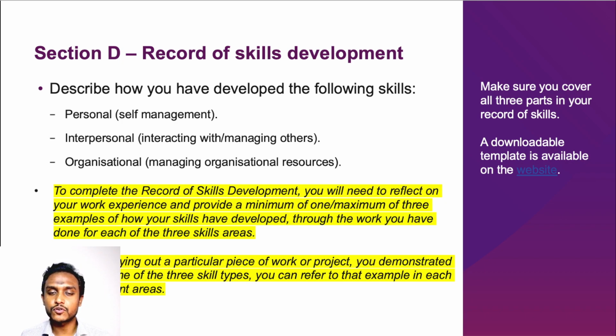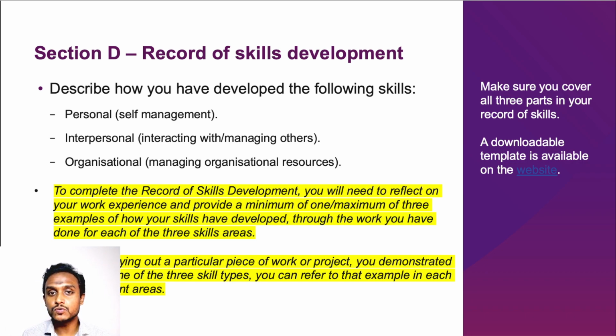It's something that you're writing about yourself, about the experience that you went through and how you were able to accumulate these categories of skills. And provide a minimum of 1 or maximum of 3 examples. You can't simply say, I got communication skills, I was able to acquire technical skills, I was able to lead a team. You cannot just say it.